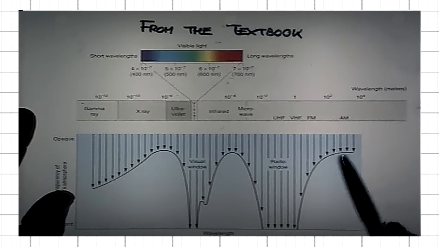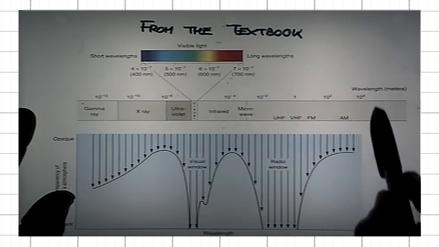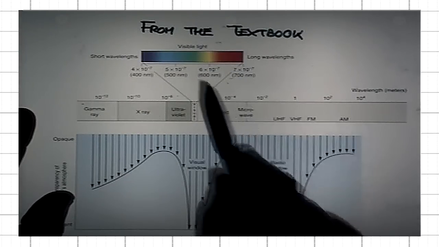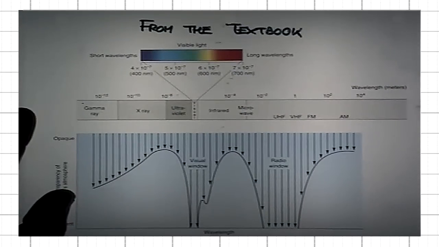The sun also emits in X-rays and at very long radio waves. But the intensity of that radiation is much, much smaller compared to the intensity of the sun's radiation at visual wavelengths. Okay?